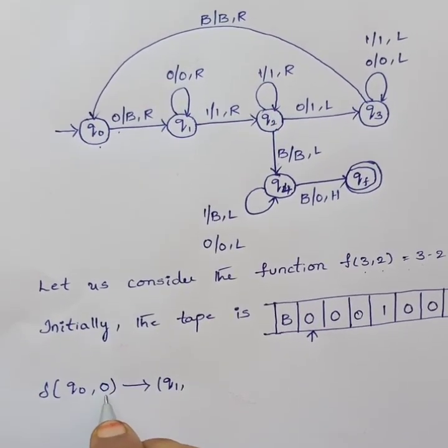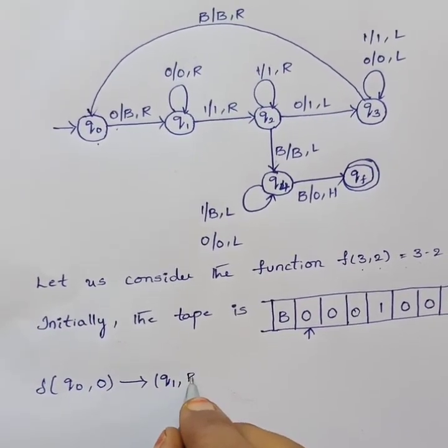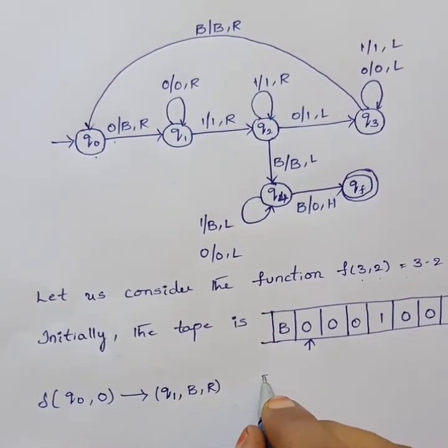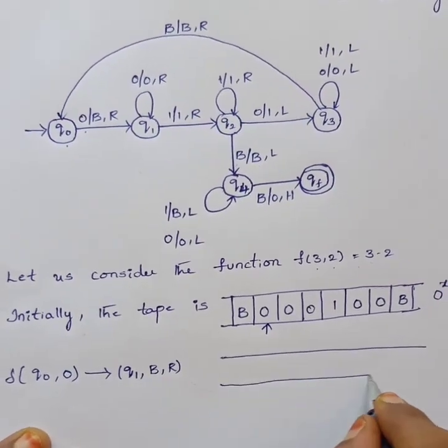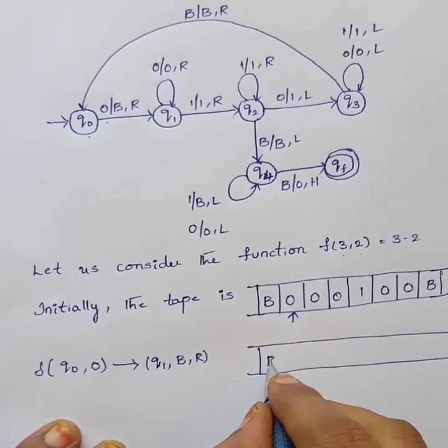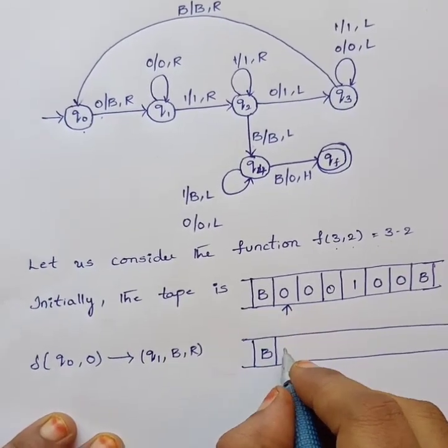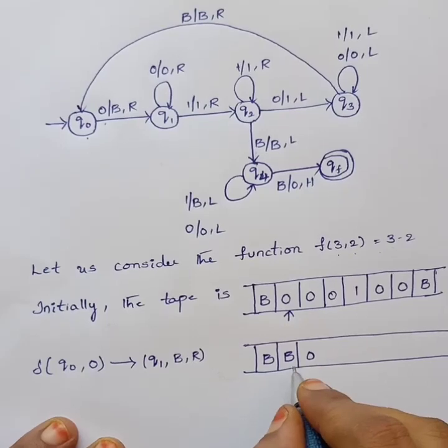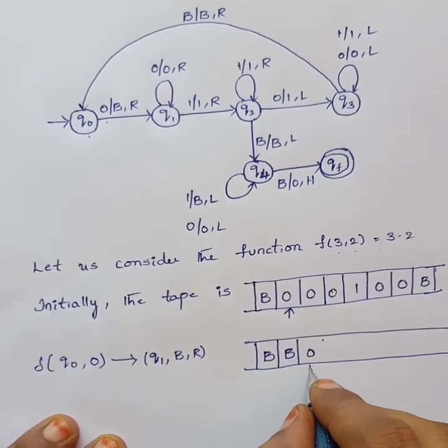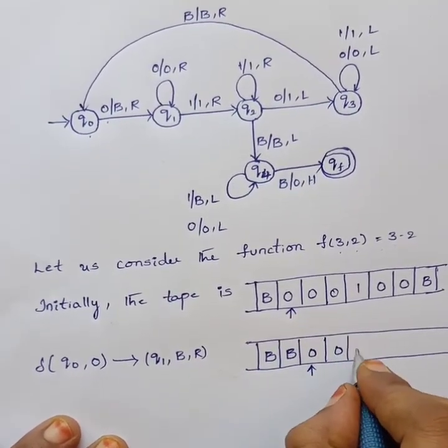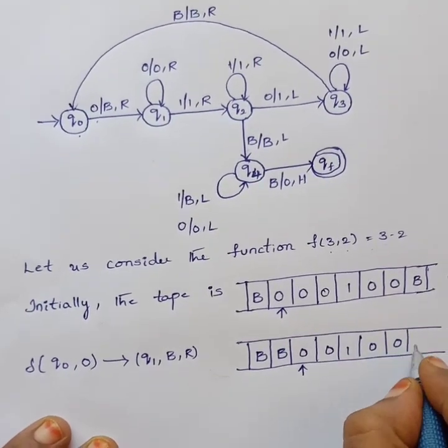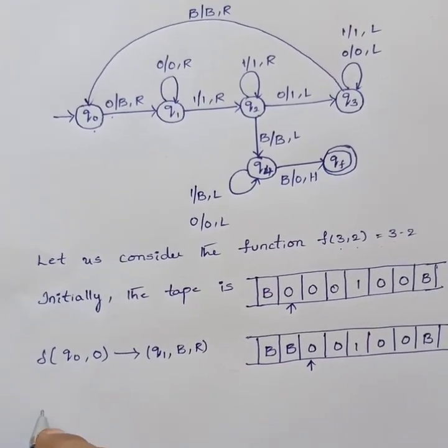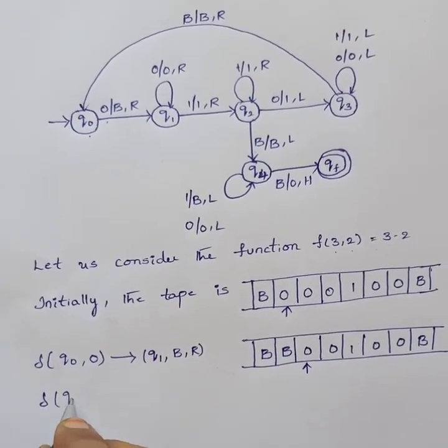And see the tape here, I am building the tape. B, and this particular 0 is rewritten as B, the remaining all are zeros, and move to right. After that, I am in the Q1 state now.